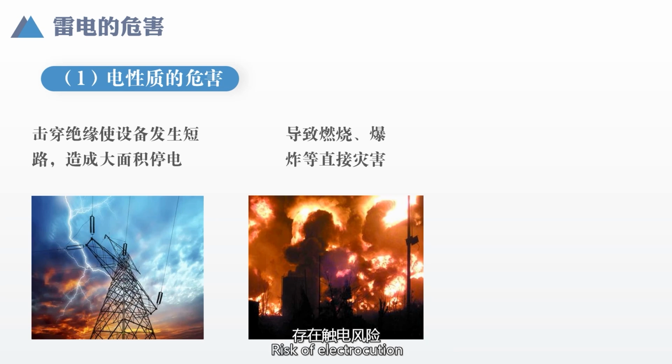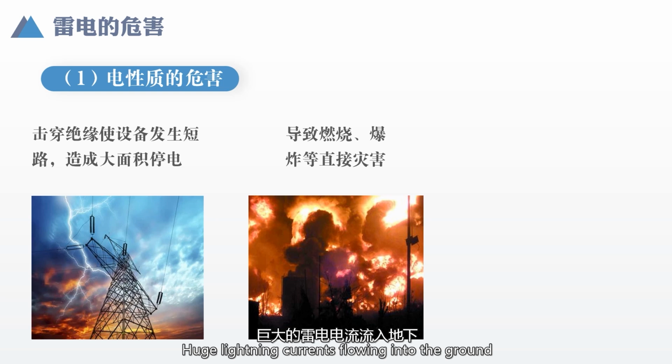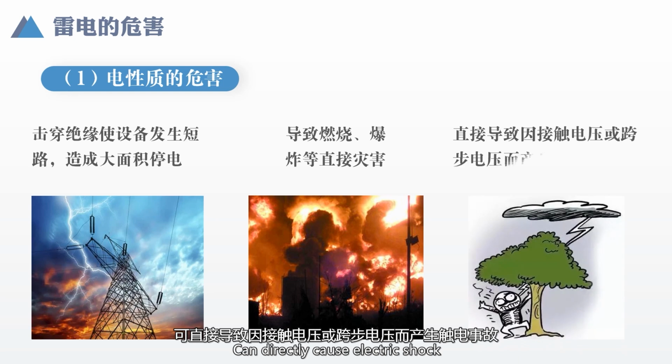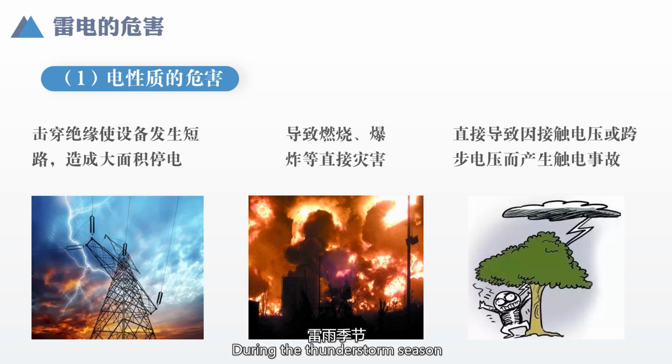For people, there is a risk of electrocution. Huge lightning currents flowing into the ground can directly cause electric shock due to contact voltage or step voltage. During the thunderstorm season, near lightning strike points and lightning rod grounding points, there is a hazard of electric shock from step voltage.